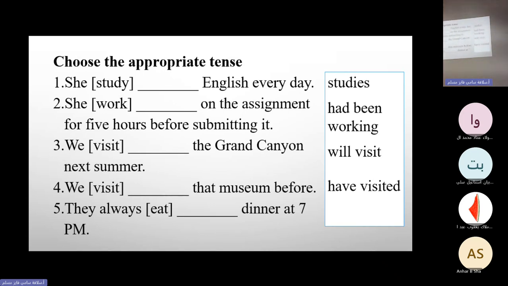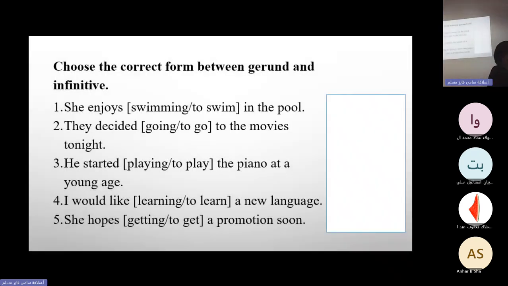Okay, next: they always eat dinner at 7 p.m. Why? It stays eat because of always. Always, because it's a routine sentence. So it's present simple.